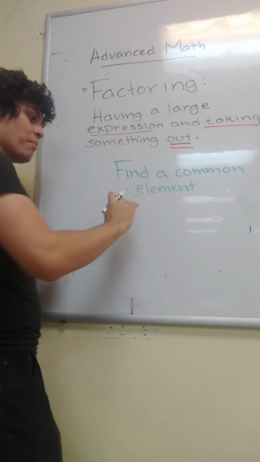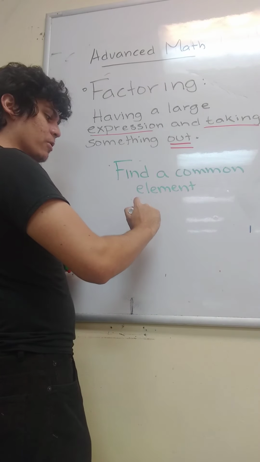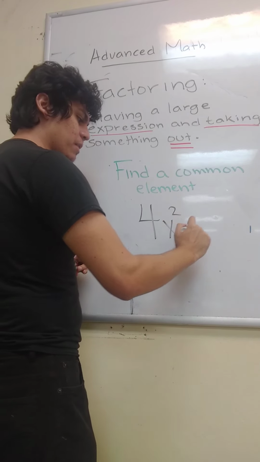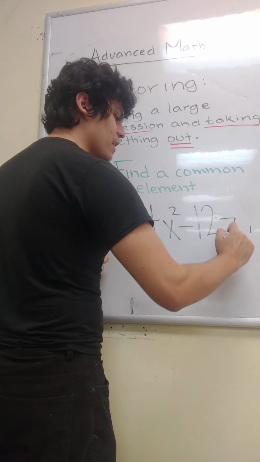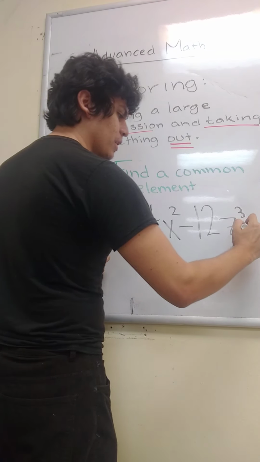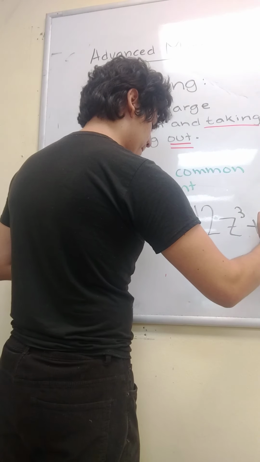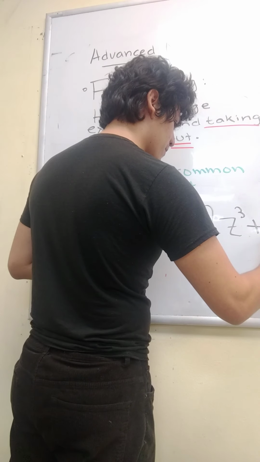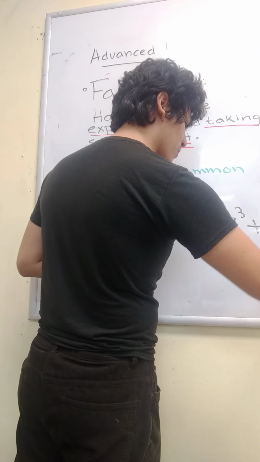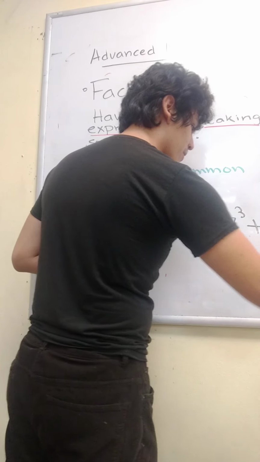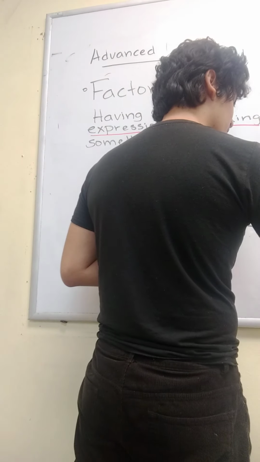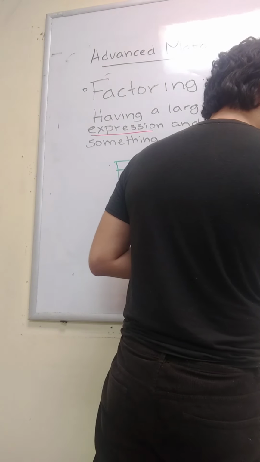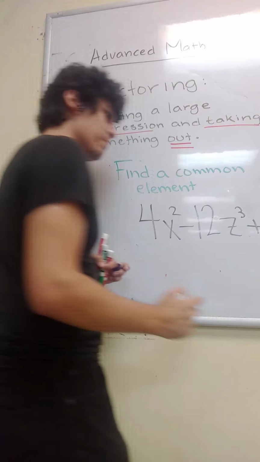For instance, imagine, guys, that I have something very large, something like this. 4x squared minus 12z cubed plus, let's say, 28y squared, and let's add one more, plus 36h cubed. There we are.